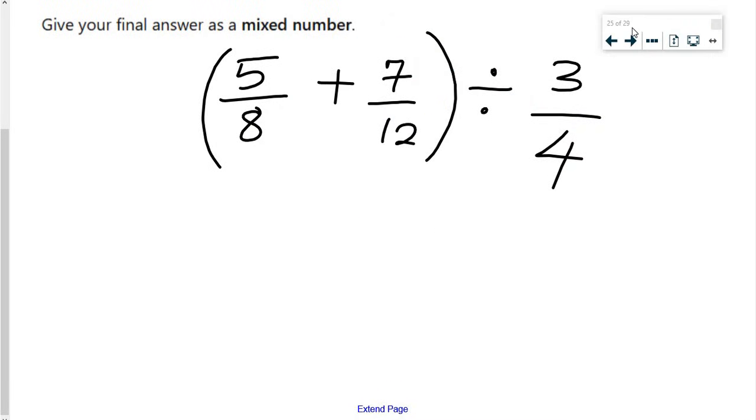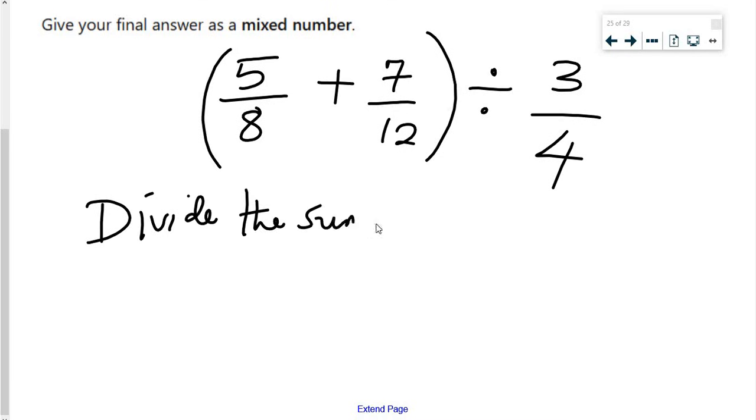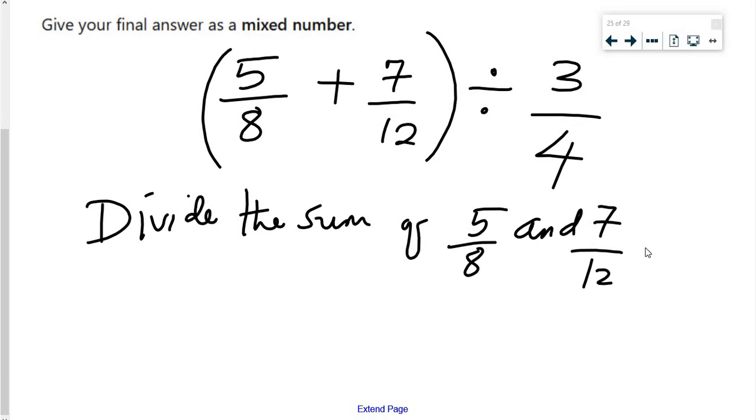So in other words, we say divide the sum of 5/8 and 7/12 by 3/4. This is what we mean. This is what they definitely mean.